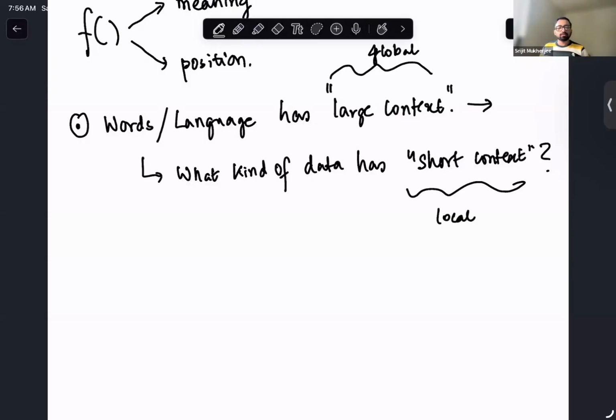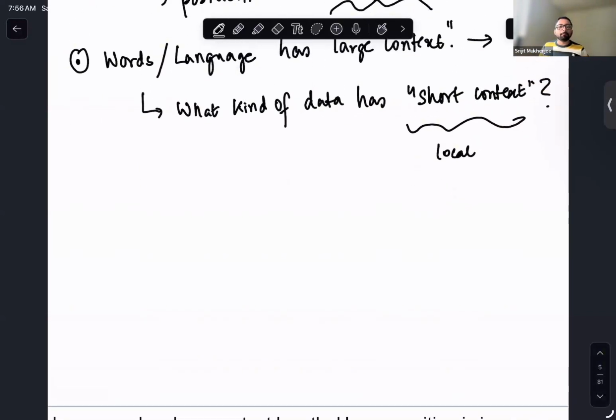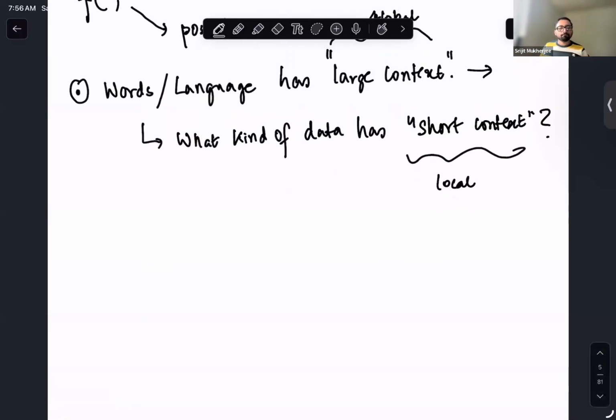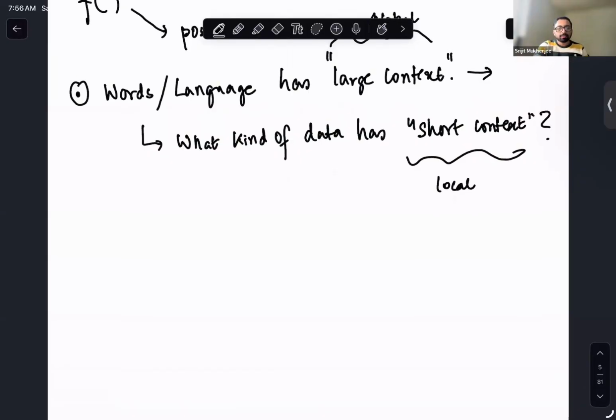Think. Is there any data where the information is very local, not too much global, mostly local? Do you know of any such data? Any hint? Or any thought? Sorry, I've given you a hint. Okay, no one is writing.